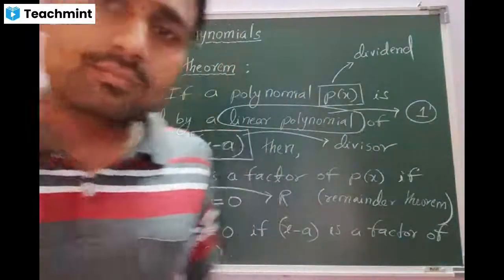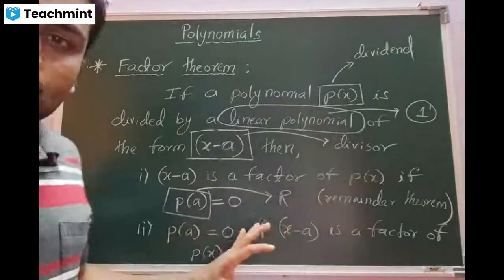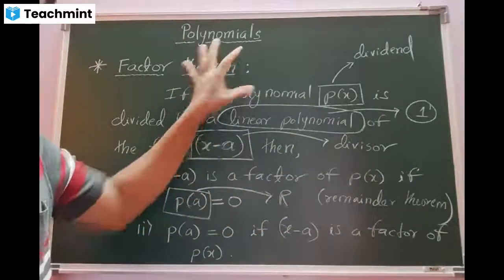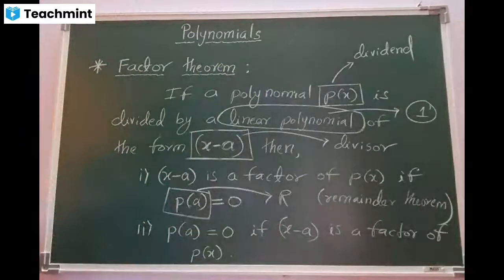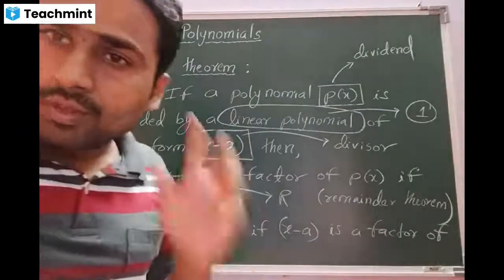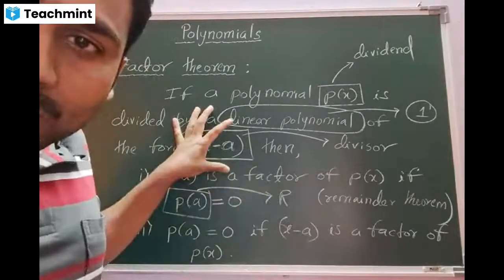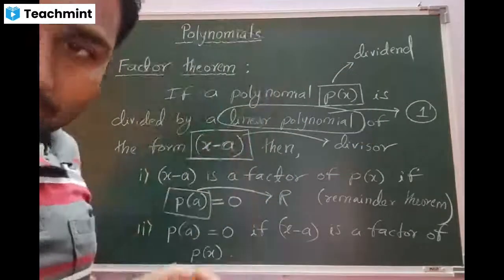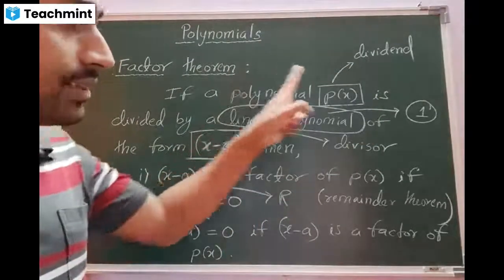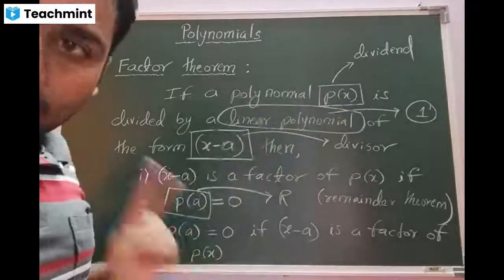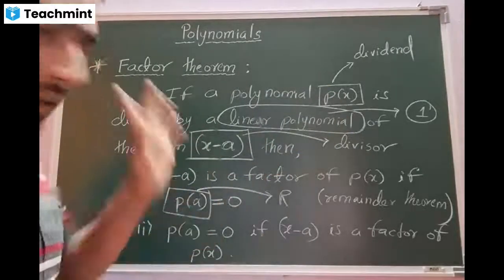Yes, sir. The same concept is used in algebra for polynomials. Is that clear to everyone, beta? Yes, sir. So what is the take home message from this statement? The take home message is the divisor will be considered a factor of the polynomial when the remainder is 0.